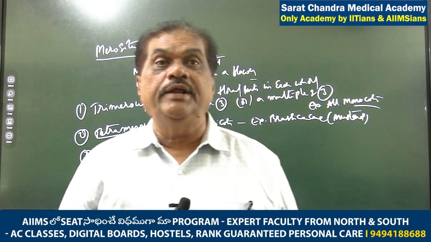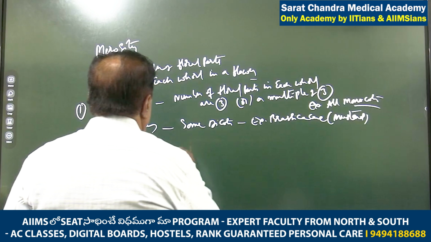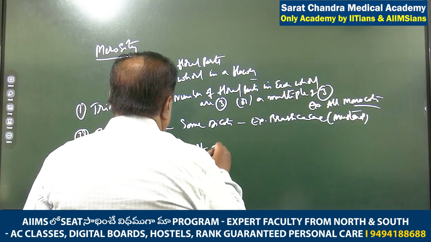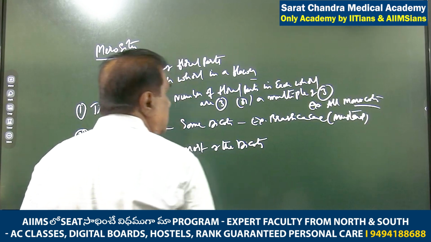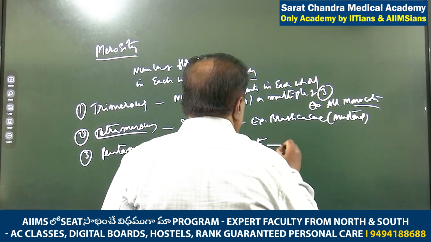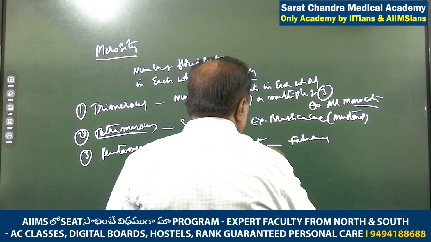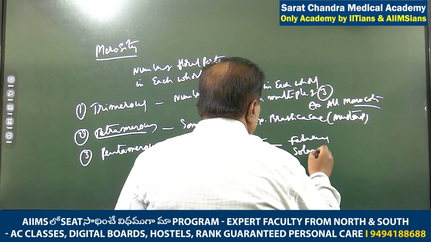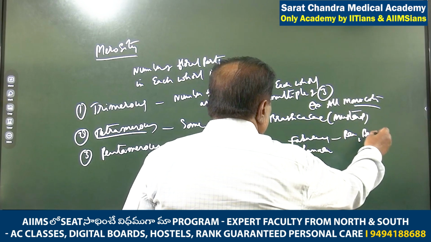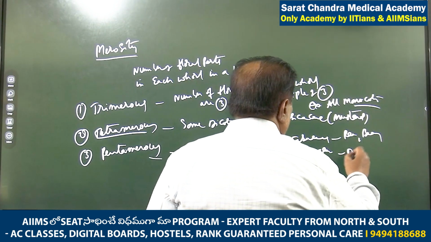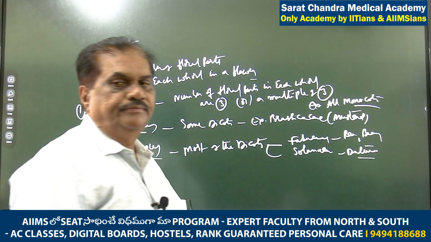Pentamerous condition is present in most of the dicots. Example, family Fabaceae, that is pea plant and bean plant, and Solanaceae, that is Datura, show pentamerous condition.